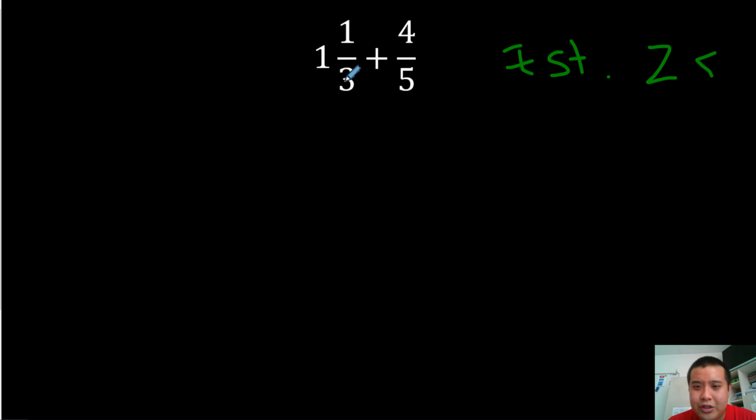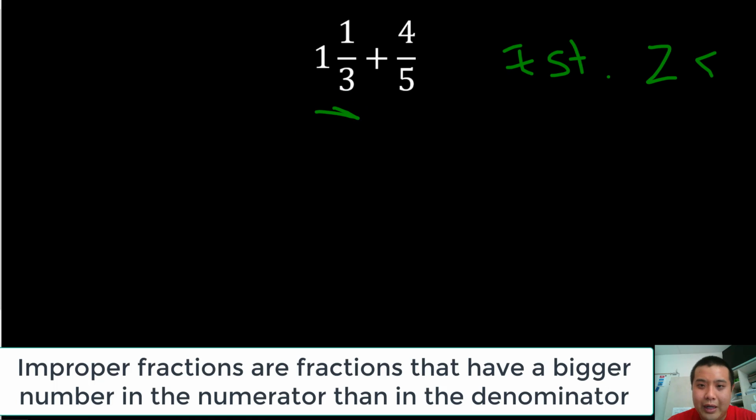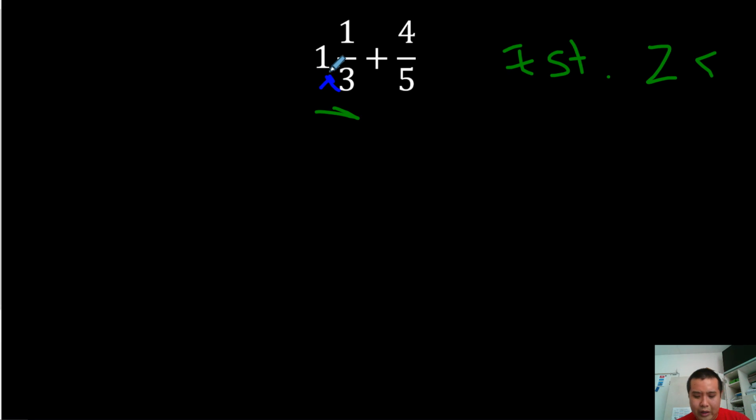What we want to do first is change all mixed fractions into improper fractions. So right here we have a mixed fraction, and how we do that is we multiply the denominator by this whole number right here. The reason we do that is because this 1 can be broken apart into 3 over 3.